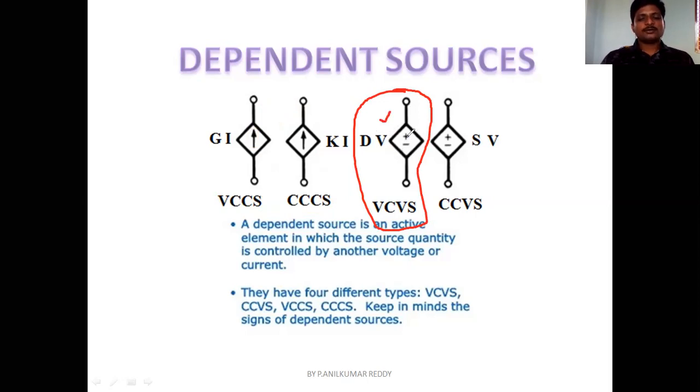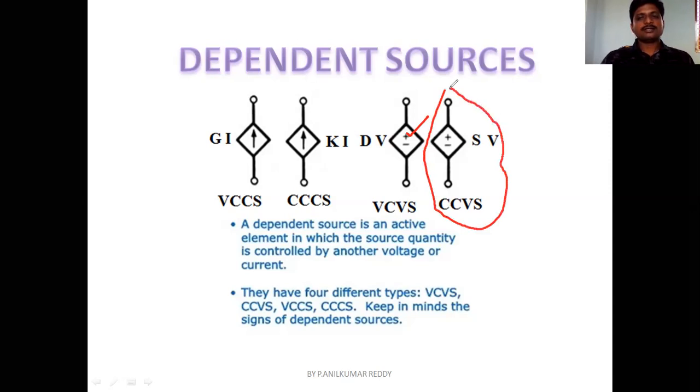Okay, as I told you, this is a voltage source, therefore it is represented with a polarity and a diamond symbol as you can see on the screen. Similarly, there is another voltage source, and this voltage source has an output value that depends on some other value of current. Therefore, you call this a current controlled voltage source.